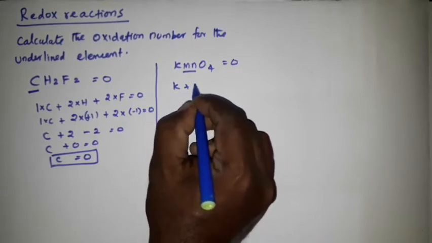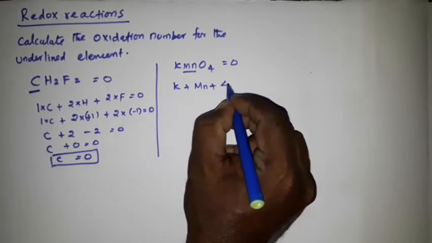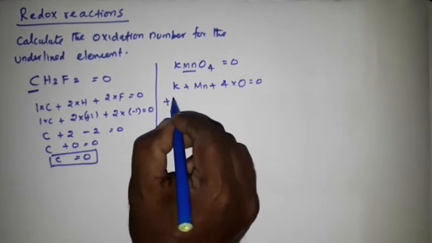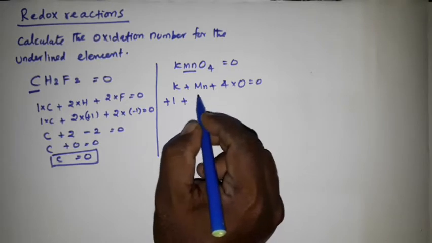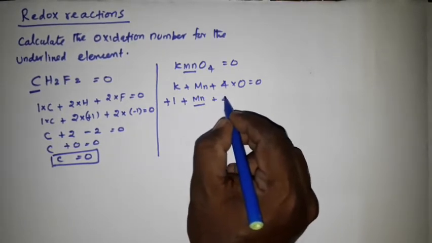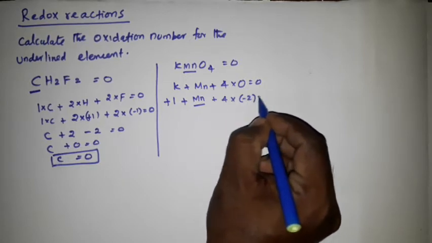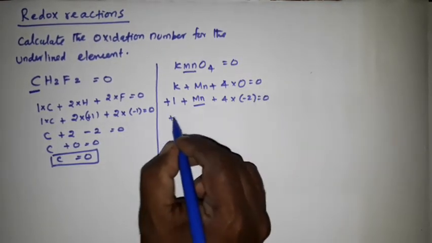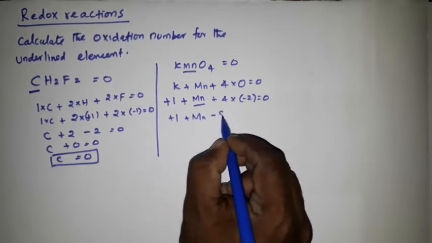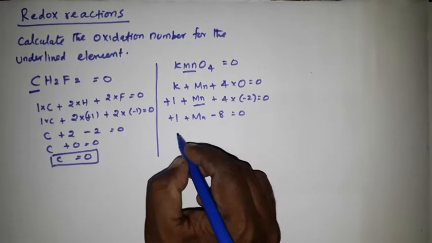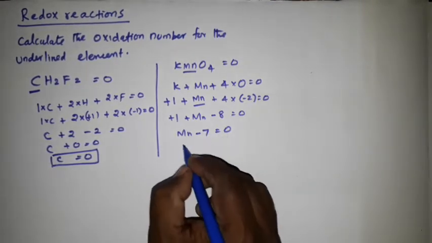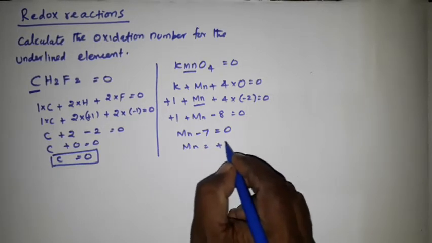So K plus Mn plus 4 into oxygen equal to 0. So potassium always plus 1, plus manganese you are going to calculate. So keep manganese as it is, plus 4 into oxygen, that is minus 2, equal to 0. So plus 1 plus manganese minus 8 equal to 0. So Mn minus 7 equal to 0. So manganese equal to plus 7.